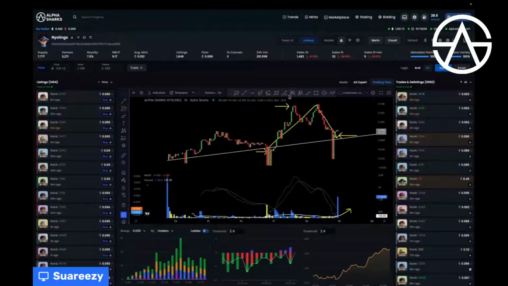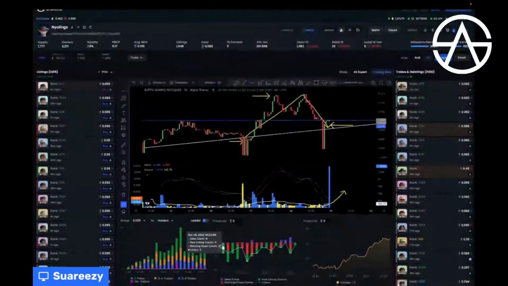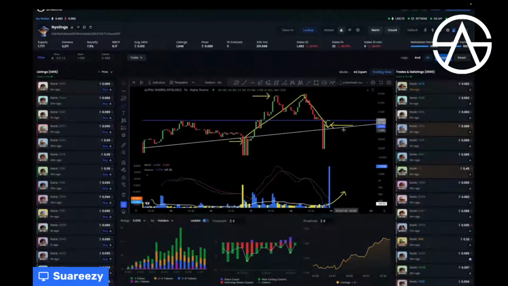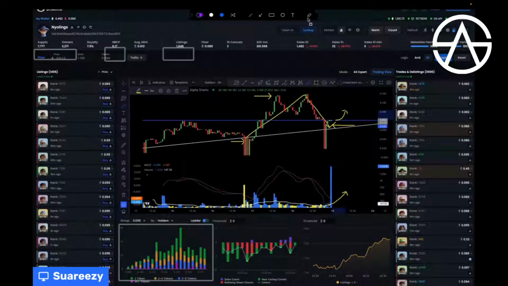notice we can actually draw a horizontal resistance, or what was resistance, which is now potentially turned into support. We can draw that line here. And what we're looking for is potential buyers to start coming in to start buying this up. And one of the main factors that is going to help get the price action to actually reverse is going to be listings themselves.